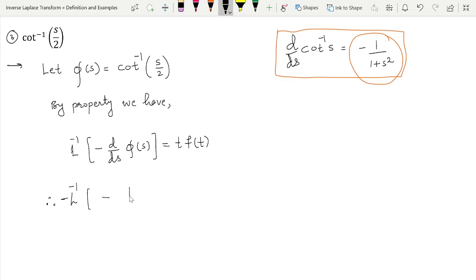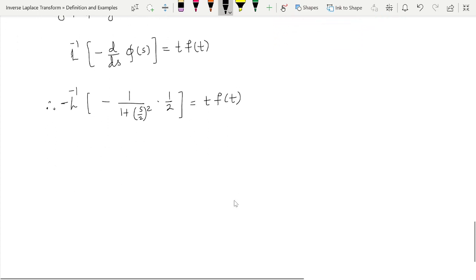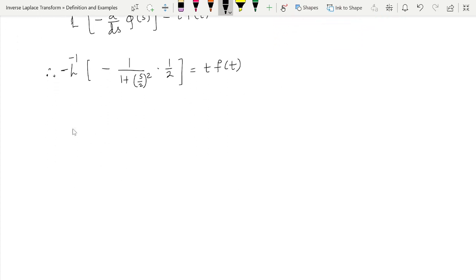It is minus 1 upon 1 plus s upon 2 whole square. Again this s by 2 is other than s, so we need to multiply by the derivative of s upon 2, that is half, which is equal to t multiplied by f of t, and that half can also be taken out. Therefore minus half, and this minus sign is as well there, so minus and minus will be plus.